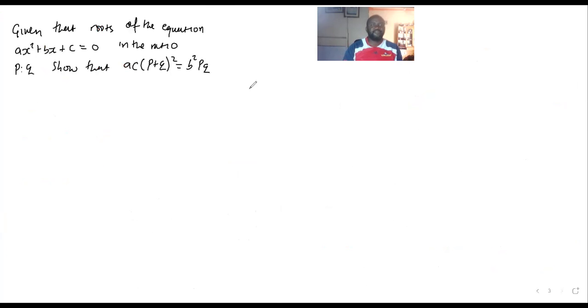Okay, here we are. Given that the roots of the equation are in the ratio P to Q, then show that.